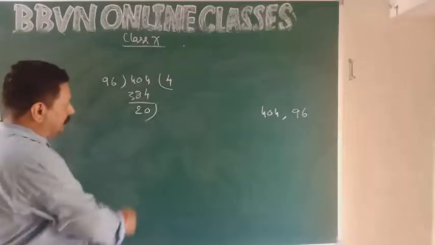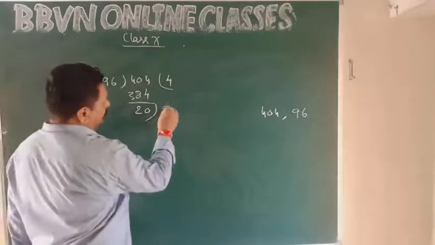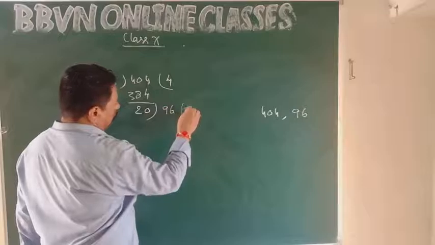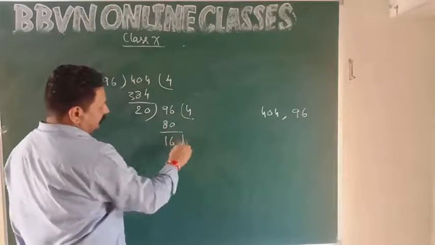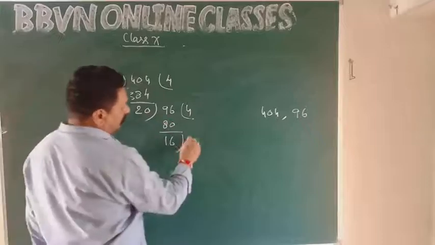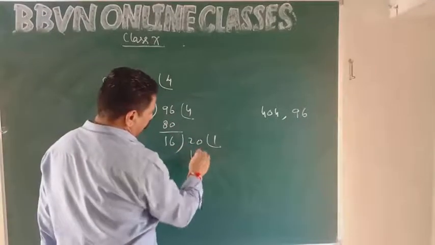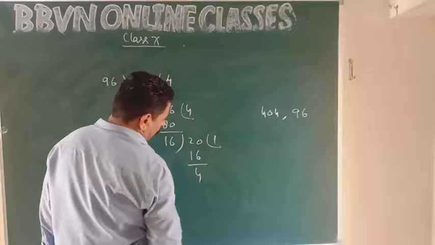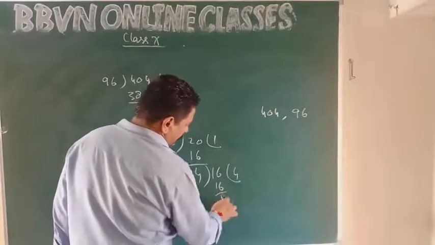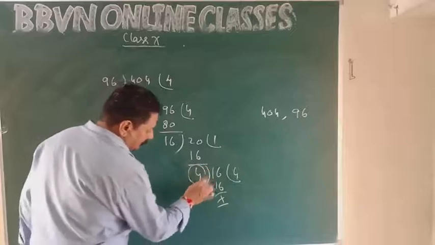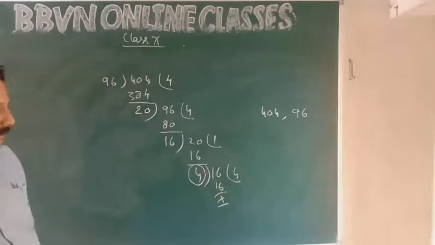Now this becomes the divisor and this comes here. 96, 4 times 20 is 80, remainder 16. Now 16 becomes divisor. 20 comes here. 1 time 16, remainder 4. Now 4 becomes divisor. The last divisor is the HCF. So HCF is 4. We have found the HCF.